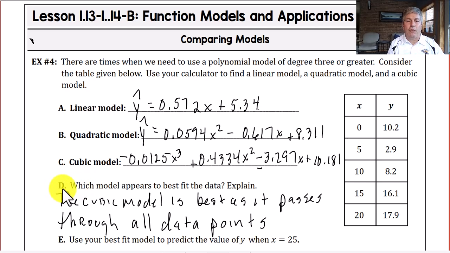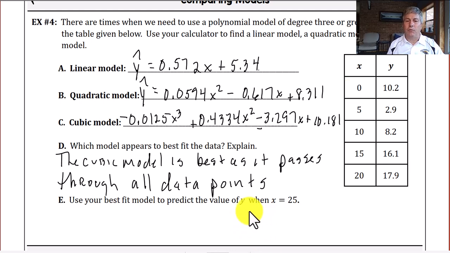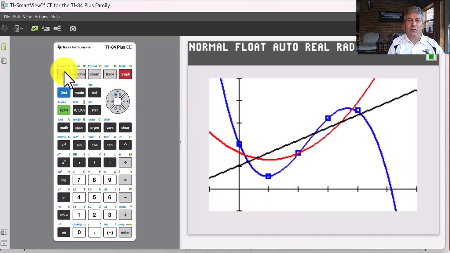So our answer to question D, which model is the best? As we saw, the cubic model is best as it passes through all the data points. So we want to use our best fit model to predict the value of y when x is 25. This is why we did a little bit larger window. So now we can use the value function in our calculator.